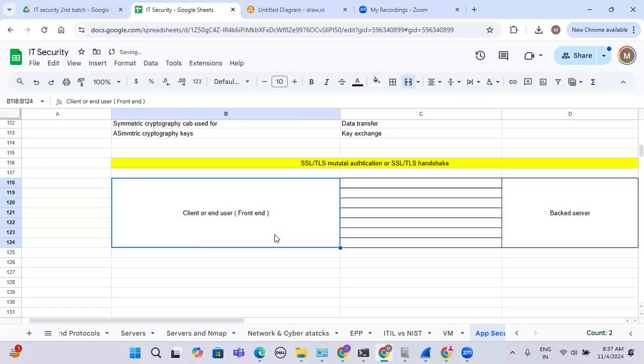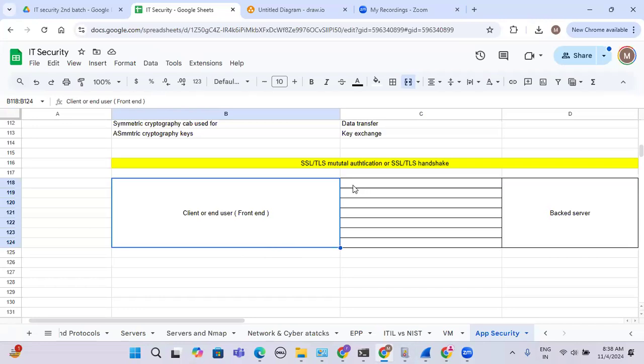For example, as I said previously, using PhonePe you are transferring some X amount of money to your family, or maybe through net banking. First you will initiate the connection. So the end user will log in or initiate the connection through a web browser. After that, what will happen?